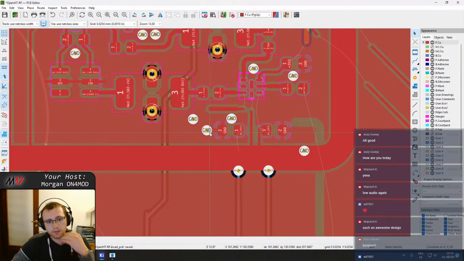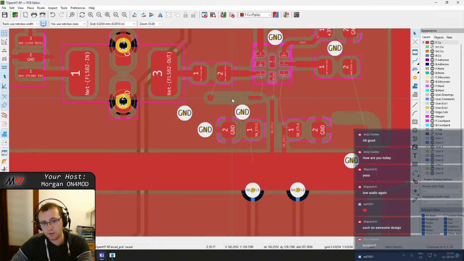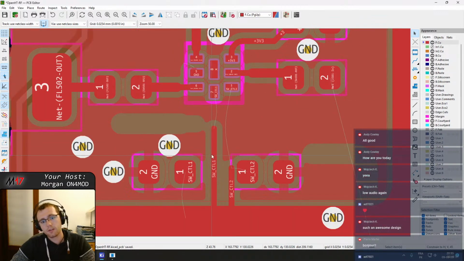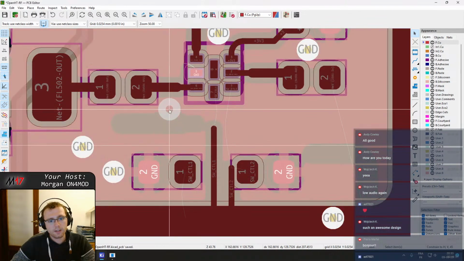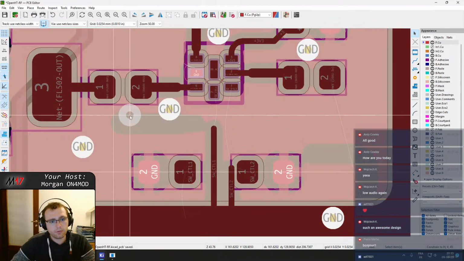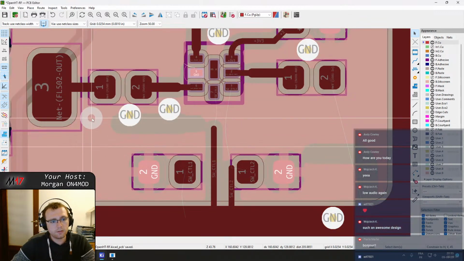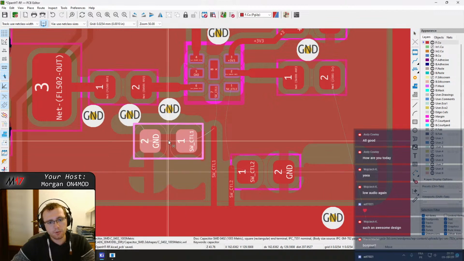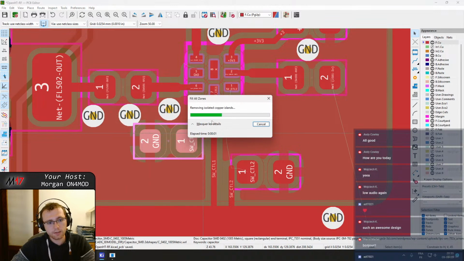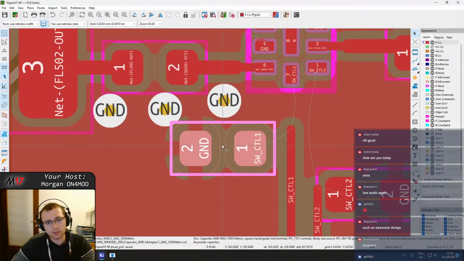Okay, so removing old tracks. I will need to keep few vias around here, and so I can bring that one to here, I guess. A bit too much.